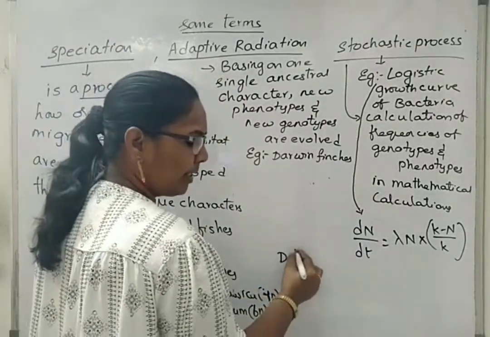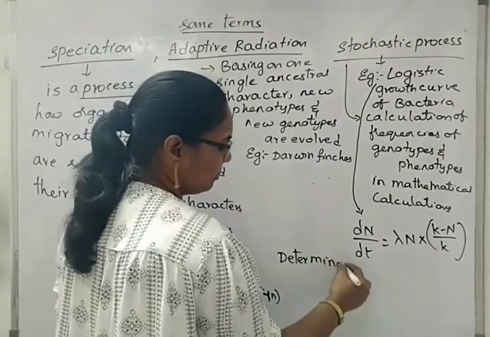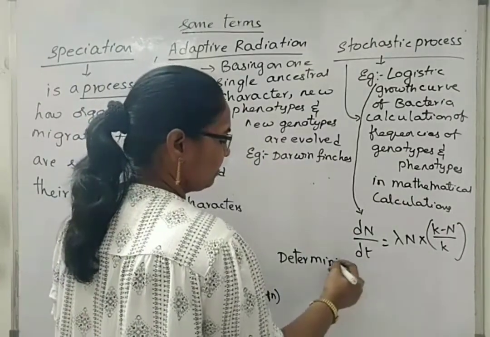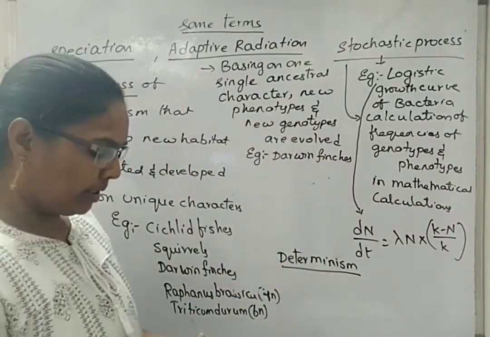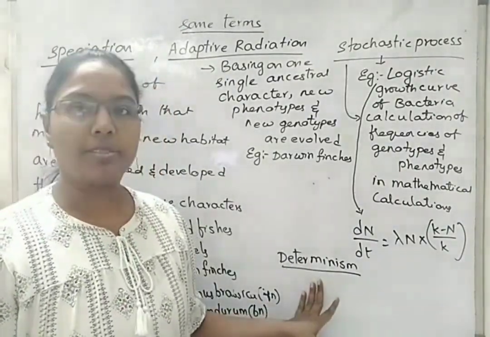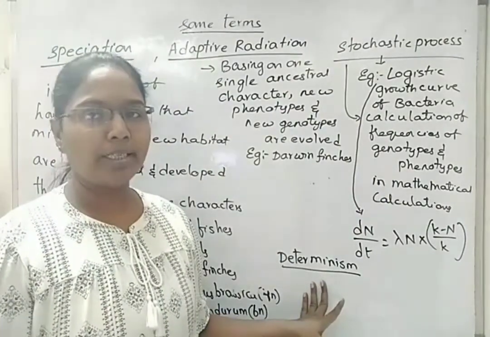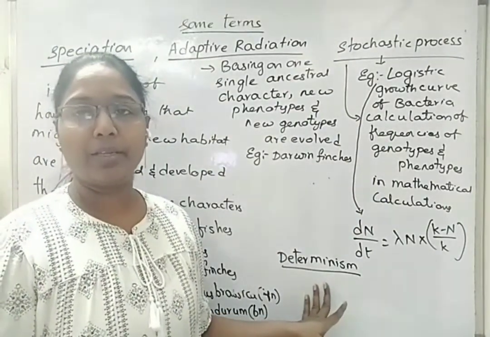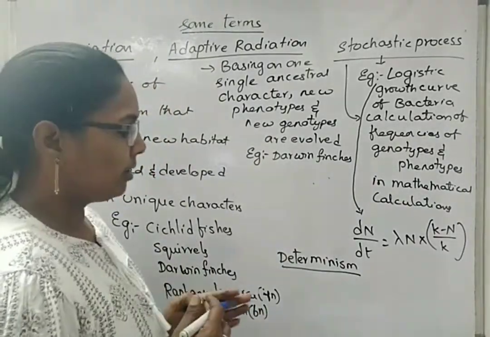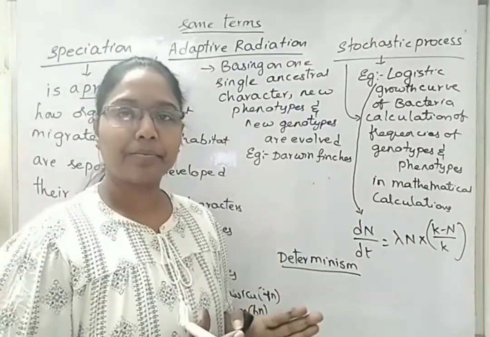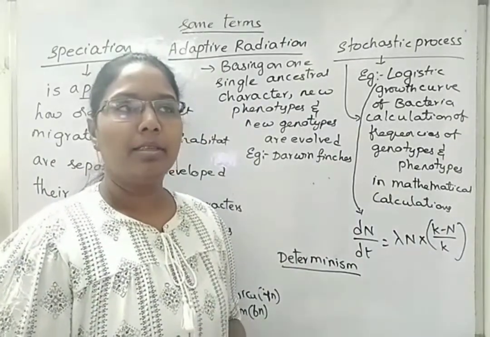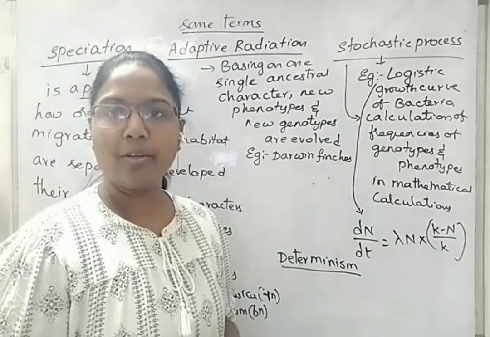Another one is determinism. So what is the term determinism relating to? It is related to the frequencies among variables. Different organisms are there. They are qualitatively and quantitatively different from each other. So frequencies among variations can be calculated. For example, what are the characters that are calculated under determinism? The psychological feelings, the behavior of the organism.